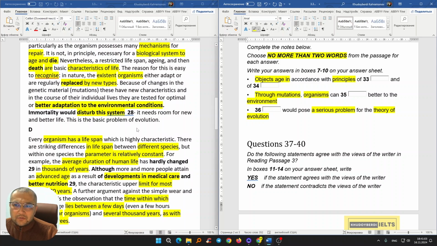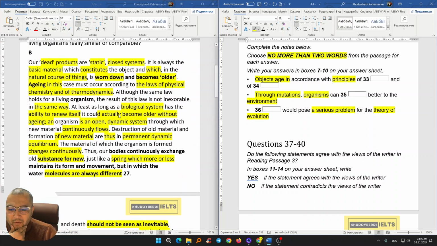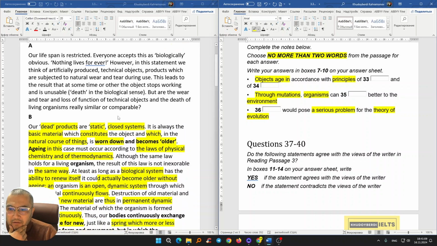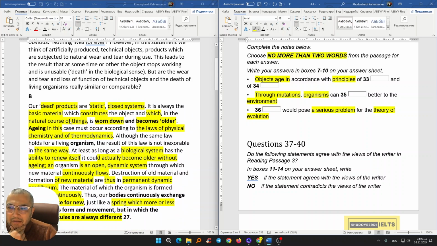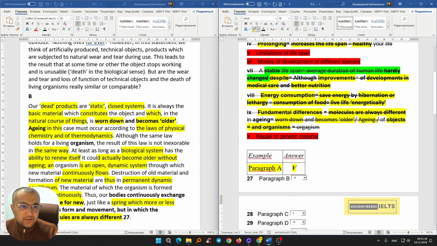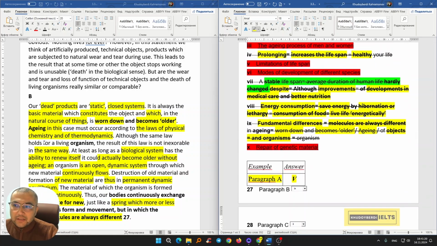So let's look for the word object age. Where was that object age? So I think it's like this, because as long as you remember, paragraph B was about number 9, right?